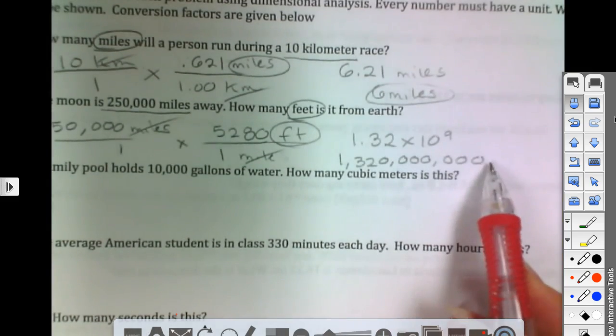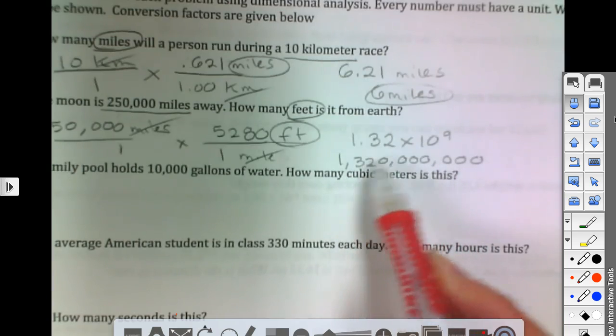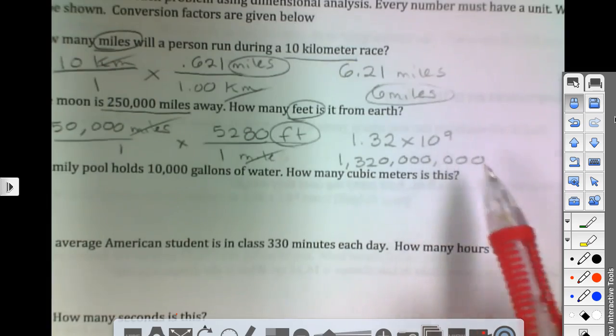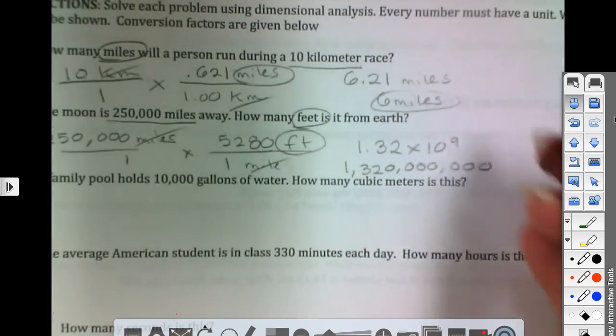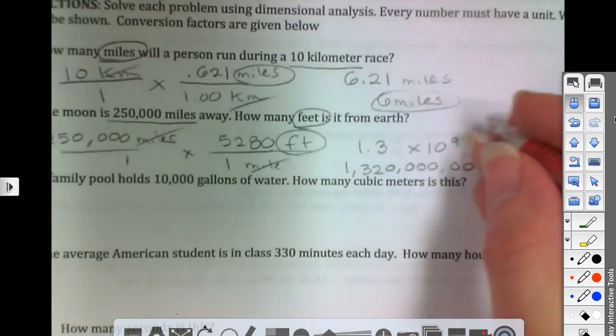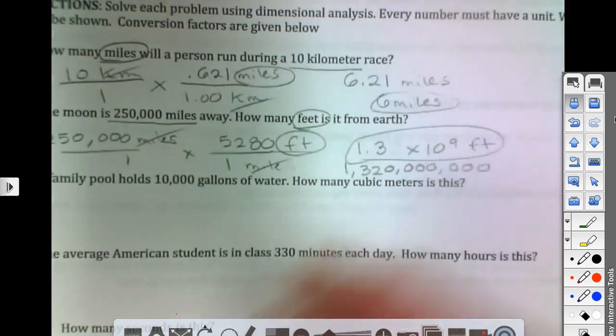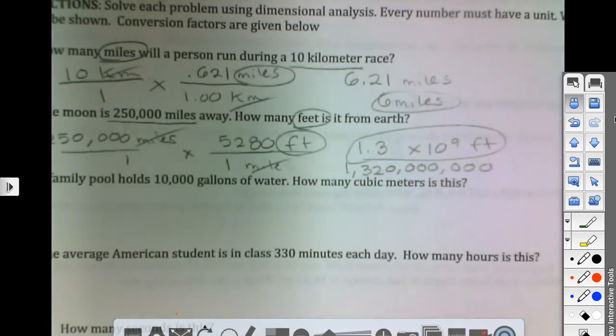I can count 1, 2, 3, 4, 5, 6, 7, 8, 9, and that's where I get the 9 from. The Sig Figs that I need here, though, they're actually just 2. That's 2 Sig Figs and feet. And there's my answer.